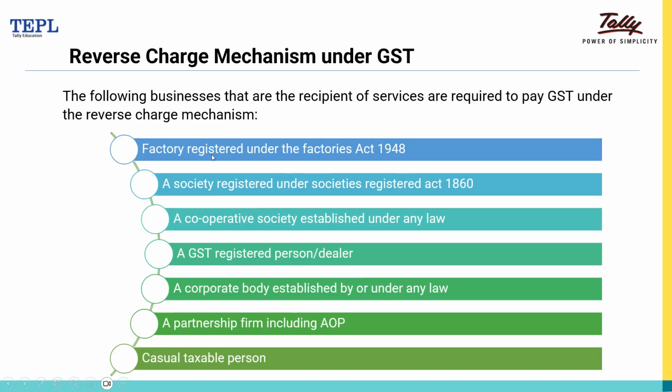These are the parties: a factory registered under the Factories Act 1948, a society registered under the Society Registration Act 1860, a cooperative society, a GST registered dealer, a corporate body, a partnership firm, and a casual taxable person. If they are involved in business transactions and purchase any notified goods, then this type of person should pay tax to the government.